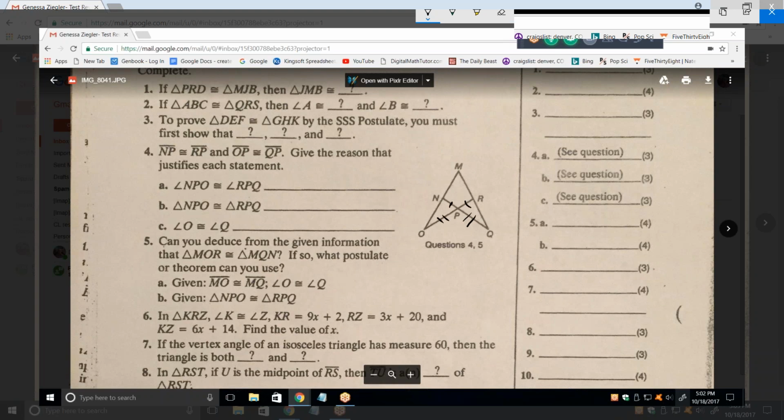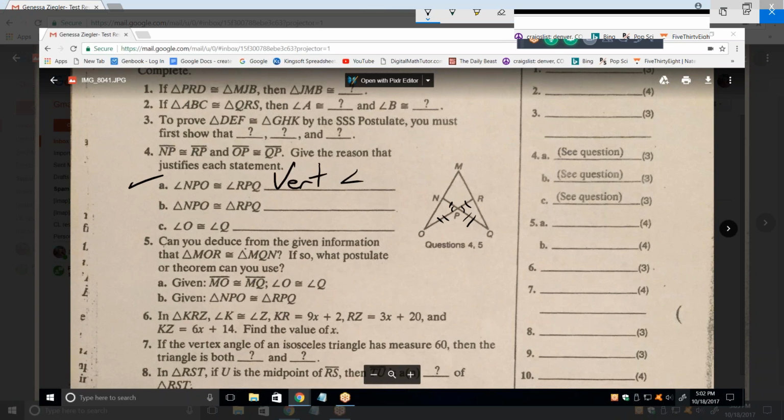Give the reason that justifies angle NPO is congruent to RPQ. In other words, why is this angle congruent to RPQ? It would be vertical angles. That's all you need.